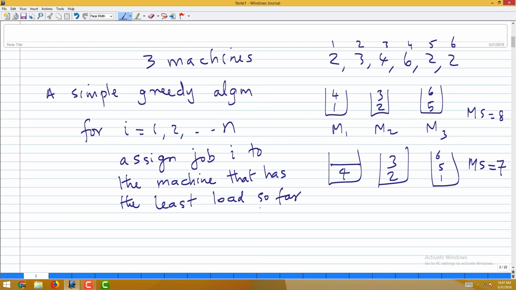This English term can be mathematically made precise. So, you have T1, T2, up to T I minus 1, jobs 1 to I minus 1 assigned. Out of them, look at each of the machines, pick the summation of the T i's assigned to each of them, and whichever is the lowest, the min of them, just go and assign your job to that.